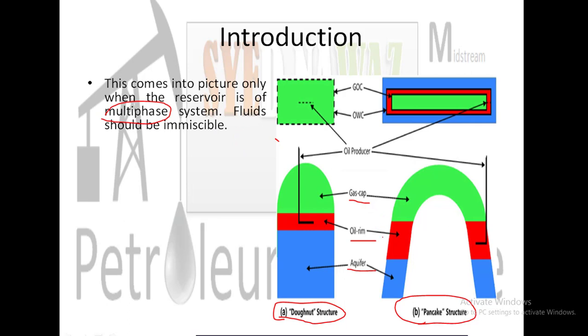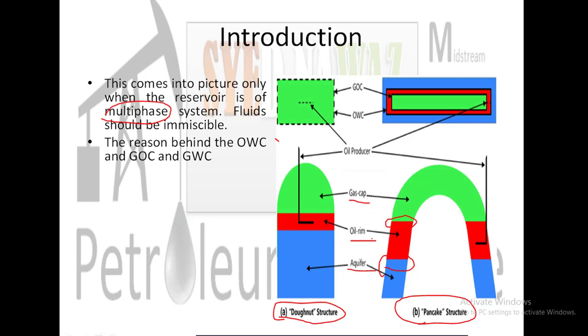Another thing is that all these fluids present in the reservoir are immiscible, and for surface and interfacial tension, the fluids have to be immiscible with each other. Due to surface tension and interfacial tension, we get the oil-water contact and the gas-oil contact, and if there is a gas reservoir, then the gas-water contact comes into the picture.